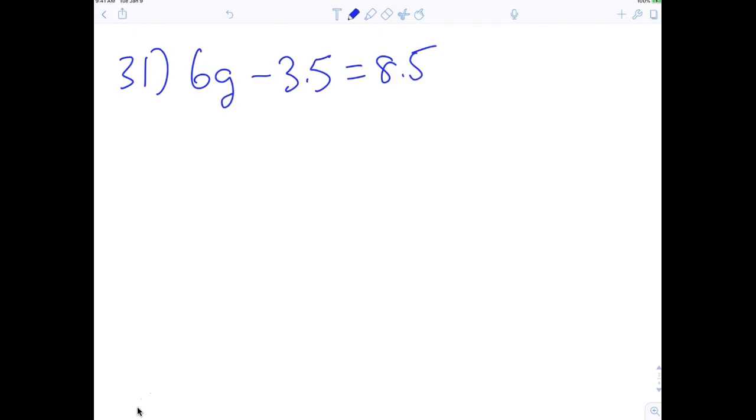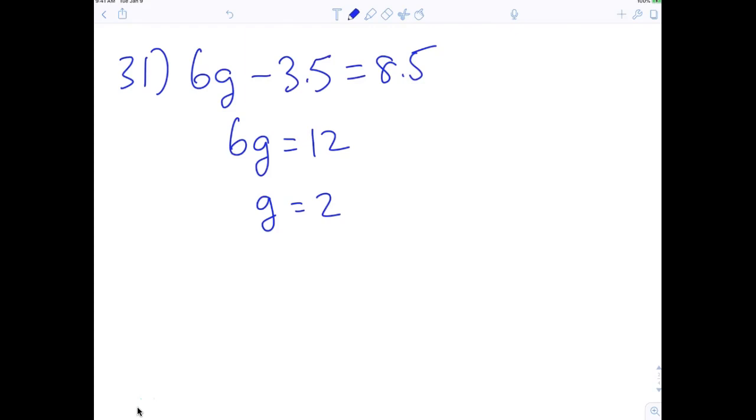Some of you thought it was 13. You've got to be careful. 6g equals 12. So now I know g equals 2. Is that right, Mr. Stauffer? Yes.